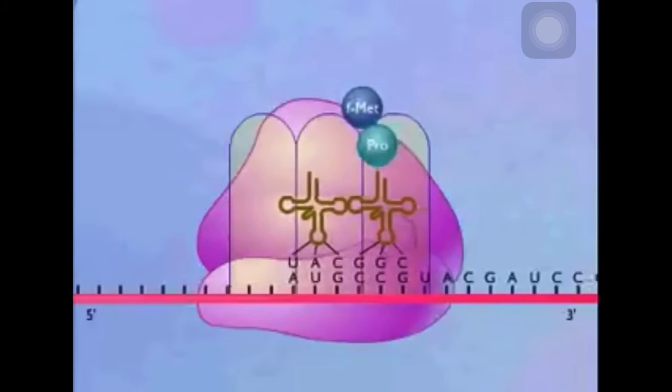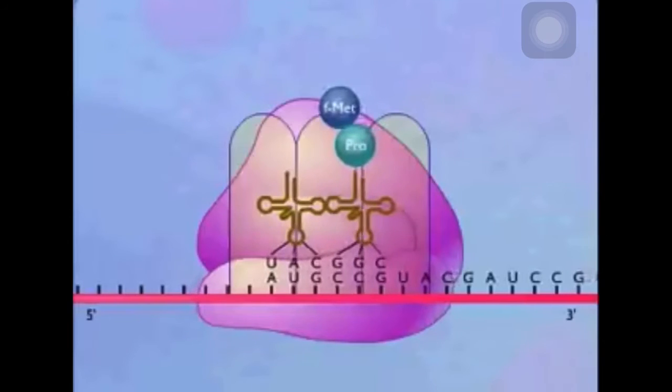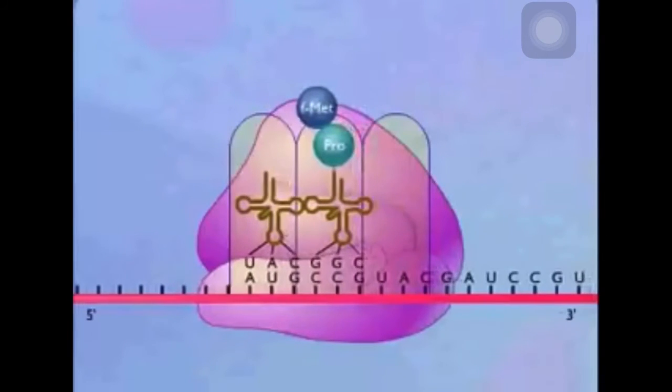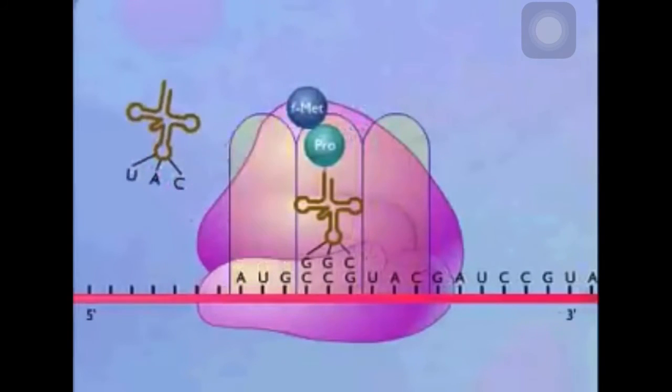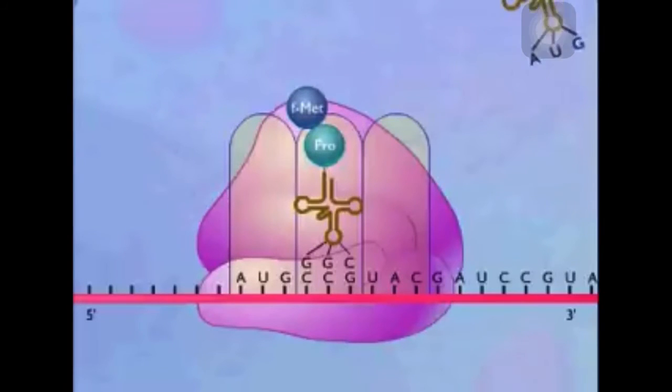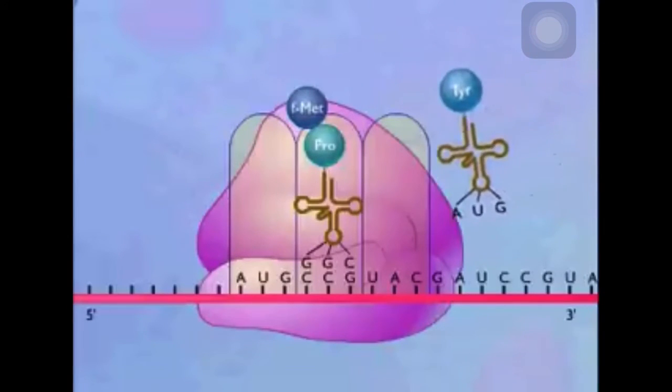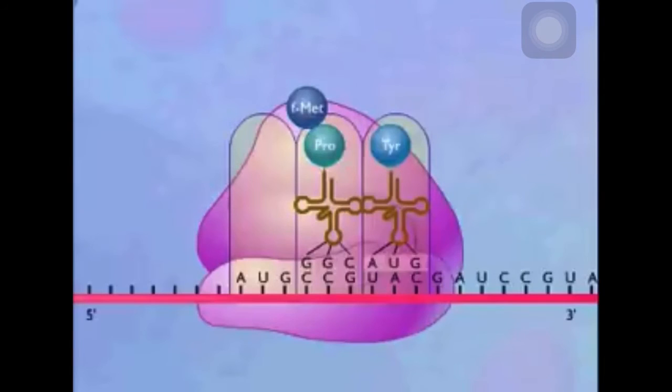During codon recognition, amino acid tRNA with an anticodon complementary to the mRNA codon enters the empty A site. A peptide bond is formed between the carboxyl group of the amino acid in the P site and the amino group of the new amino acid in the A site.